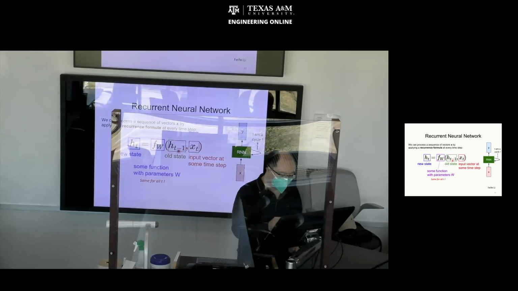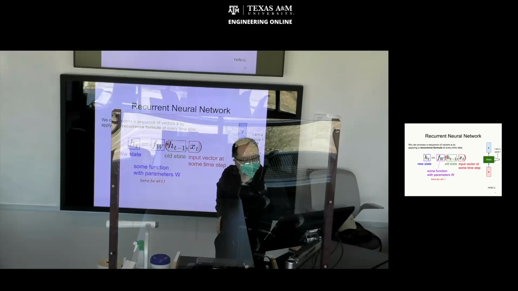And then to calculate the new state h sub t for time t, I'm basically using the old state and the current input vector x sub t, and I use some function which is parameterized by w.